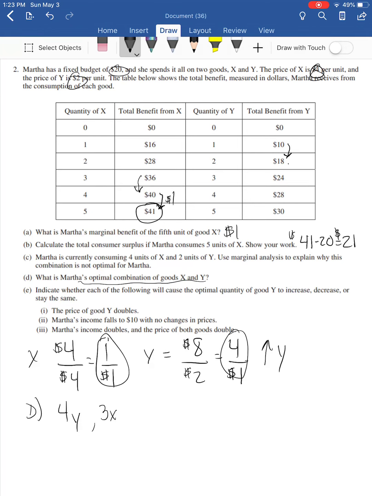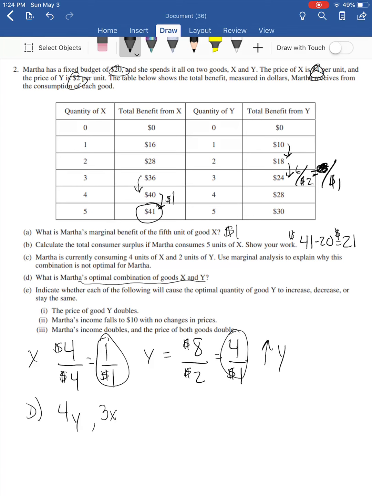As she goes from 2 to 3, that's a $6 increase in benefit at a cost of $2 per unit. And so we're looking for where that 3 per dollar spent is going to be the same. I'm sorry, this is for Y.